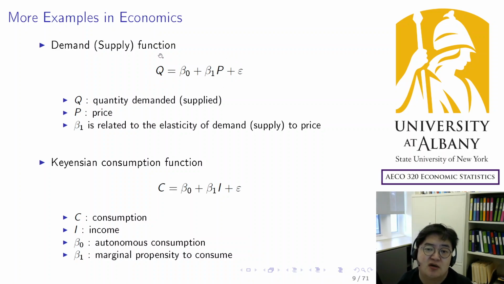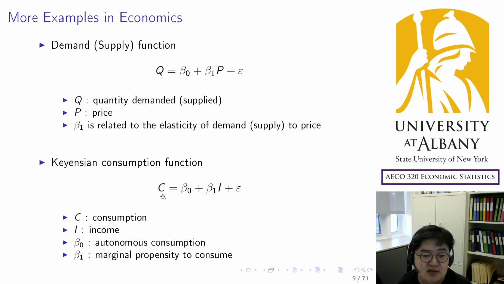This is basically another regression model, and you only observe the equilibrium quantity and equilibrium price. From there, you would like to estimate the elasticity of demand. Of course, real estimation is more complicated than what I explained here, but it basically has the same framework.